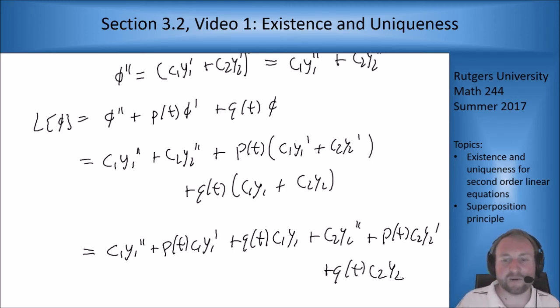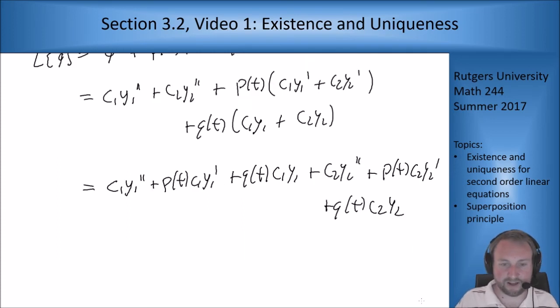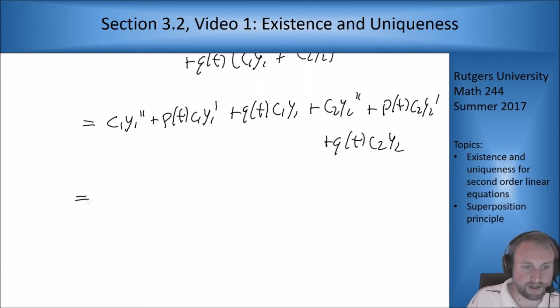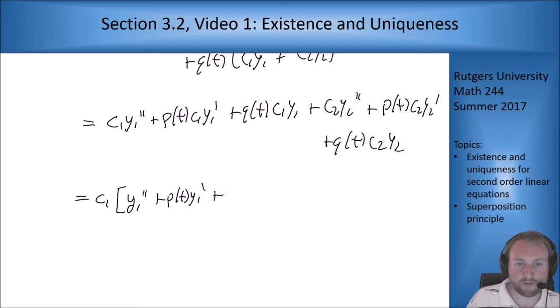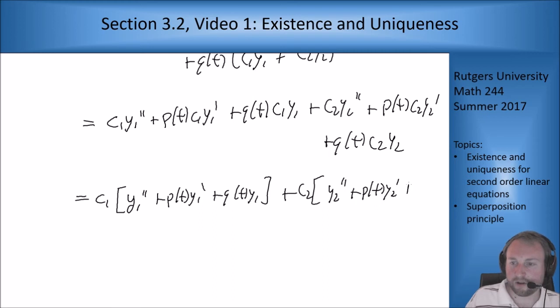And now I want to factor out the constants from the first part and the second part. So I see a C1 times (y1 double prime plus p of t y1 prime plus q of t y1) plus a C2 times (y2 double prime plus p of t y2 prime plus q of t y2).